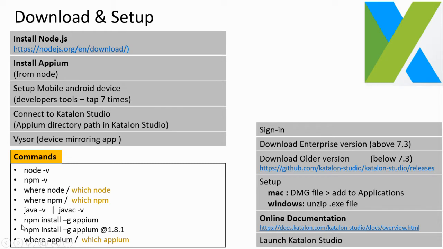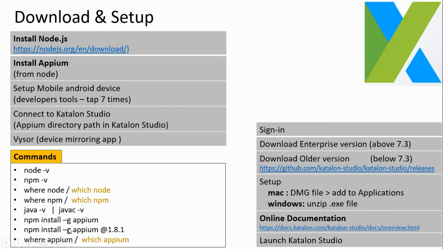The command on the command prompt would be npm install -g appium, where -g is the option for global installation, and appium@ followed by a version number will download a specific version. If you don't provide the @ version, it will download the latest version, and if you want to downgrade or install any other version, we have to use @ and the version number together with this command.